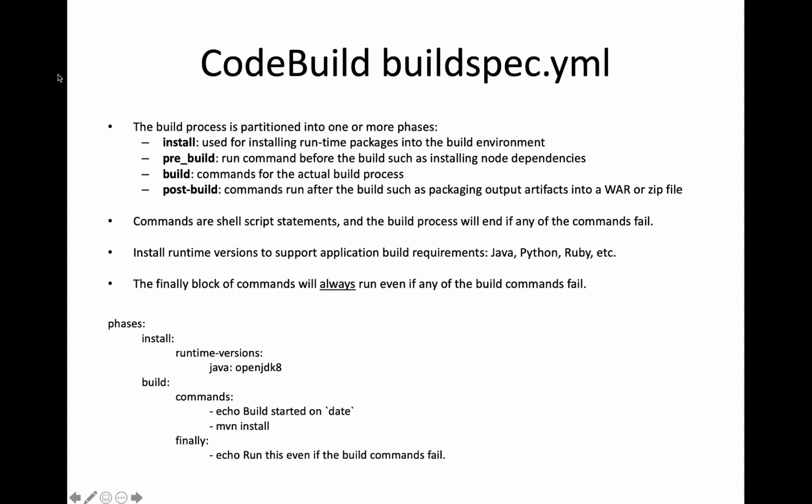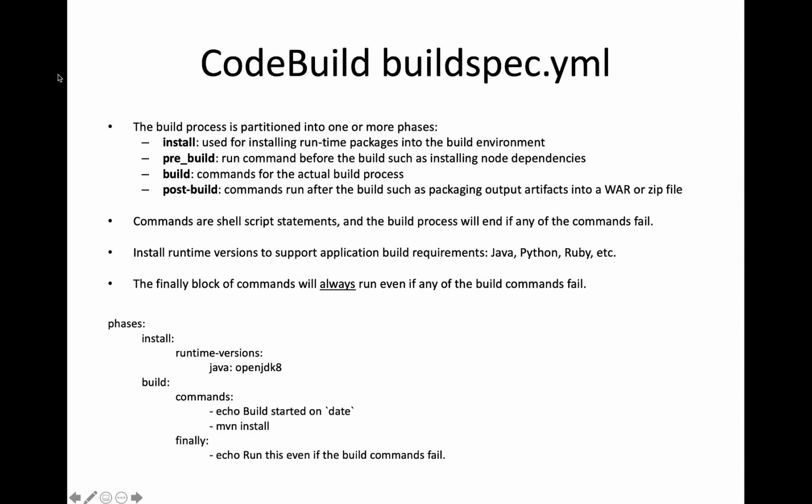The next section is the phases section. This is really the core part of the buildspec.yaml file. This is where you define the different stages of the build process. There are four different phases which you can define in a buildspec.yaml file.